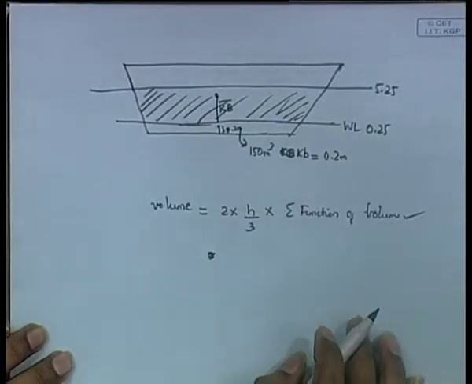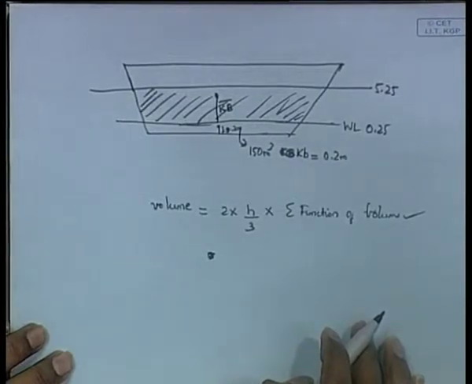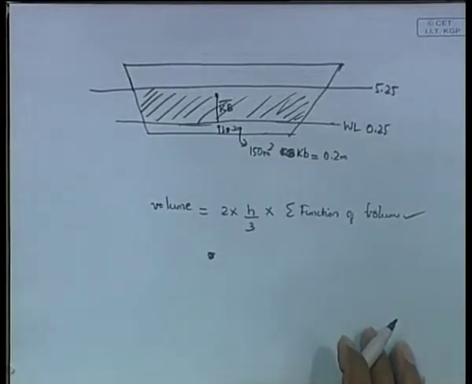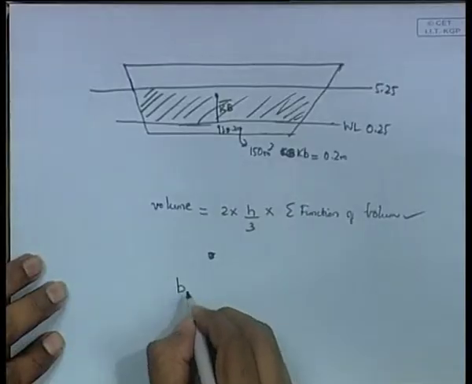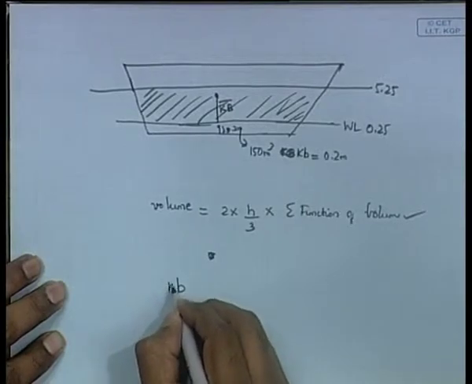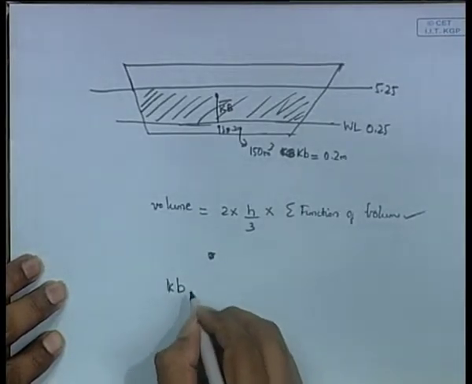Then, now we have to find these small things, but you have to note this, that we have put the keel point as 0. So, I will just explain this. Let us say that this is the Kb that you are getting for this whole thing.